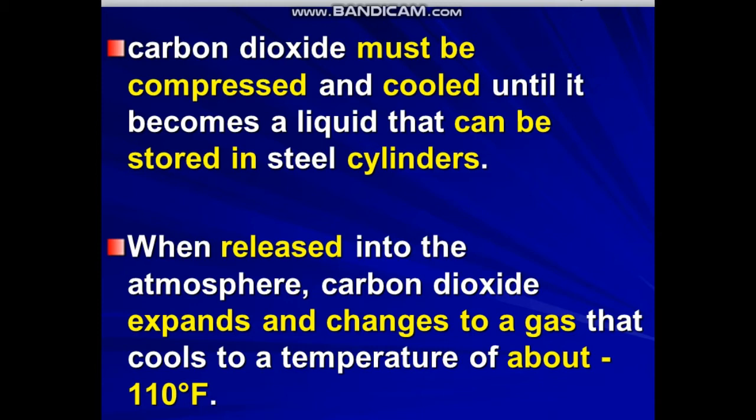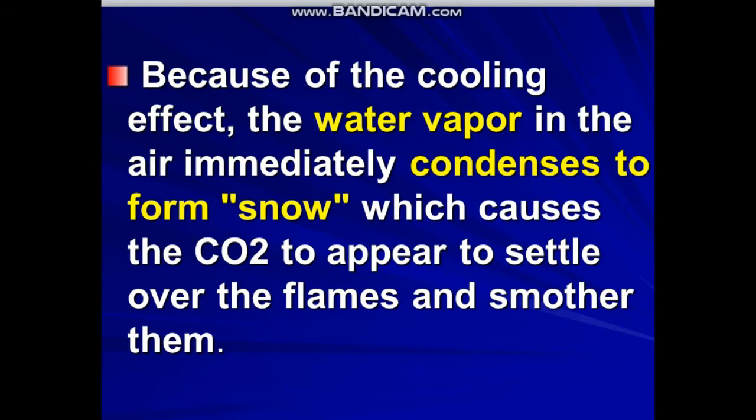When CO2 is released into the atmosphere, the carbon dioxide expands and changes to a gas that cools to a temperature of about minus 110 Fahrenheit. Because of the cooling effect, the water vapor in the air immediately condenses to form snow, which causes the carbon dioxide to appear to settle over the flames and smother them.